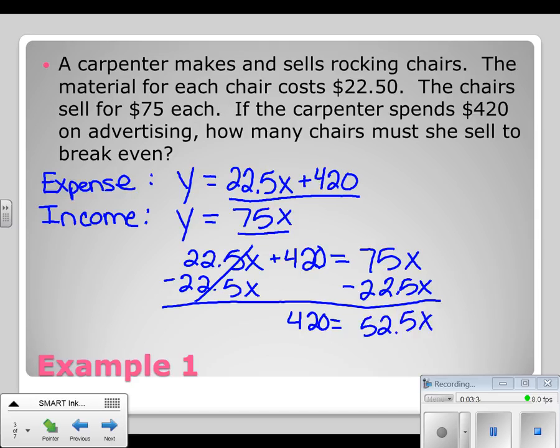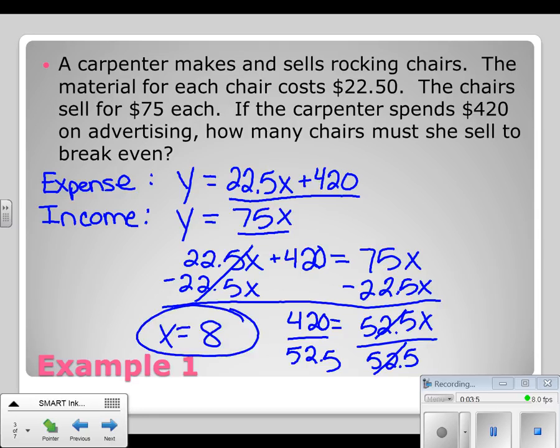And then divide both sides by 52.5. When we simplify 420 divided by 52.5, we get x equals 8. So 8 chairs is how many chairs she must sell to break even, when her expense and her income are the same.